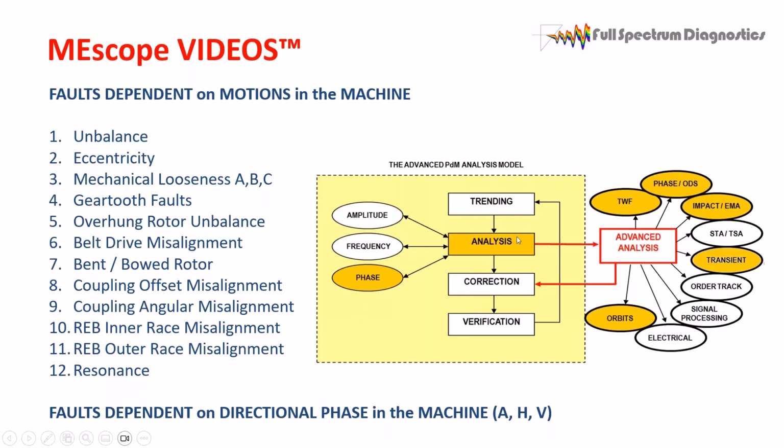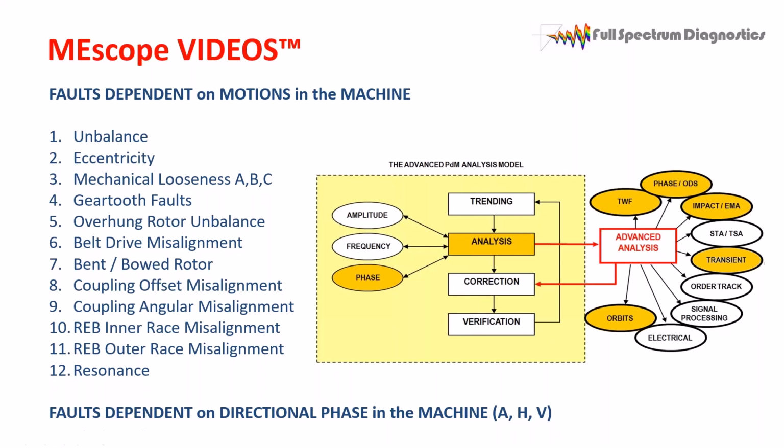Okay. As you get into a level 2 class or level 3, you start to pull in advanced tools like doing some time waveform analysis and ODS, and we're actually doing MEscope videos, which is video ODS. Impact, modal analysis. I'm going to show you a soybean dryer in the back that's going to have not my impact test, but it's like an operating modal analysis.